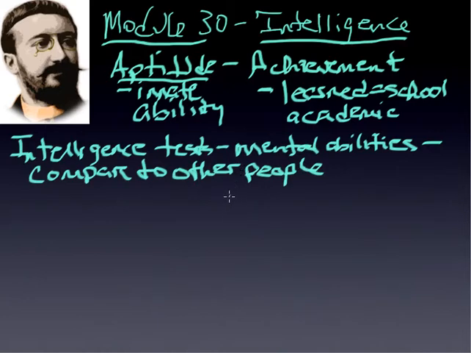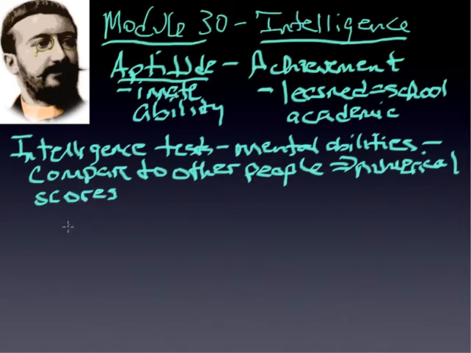So we compare that to others, and essentially we translate that into some kind of numerical score of some sort. And so when you hear about an IQ score, essentially what we do is we have a series of tests that we would give someone, and we transfer their ability or their performance into a numerical score of some sort.